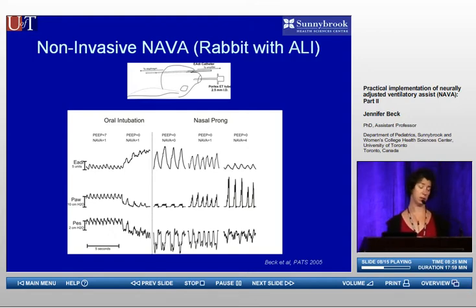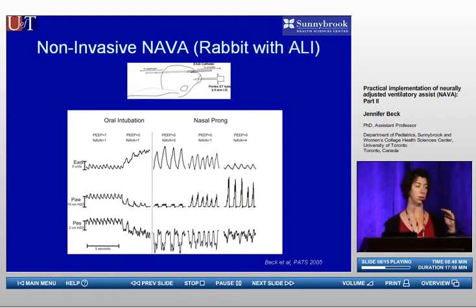We have the rabbit, who is initially orally intubated and having the diaphragm electrical activity measured with a catheter. So we'll start here on the left side, which shows the oral intubation. You have the diaphragm electrical activity, the airway pressure, and the esophageal pressure that we measured while the animal is breathing on NAVA with a very high PEEP level.